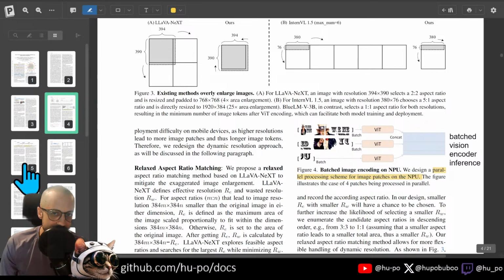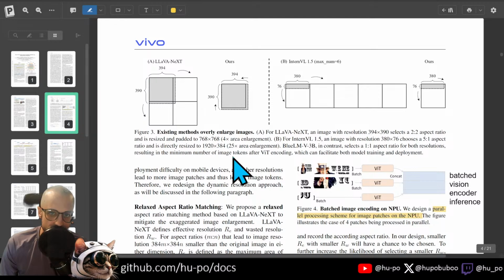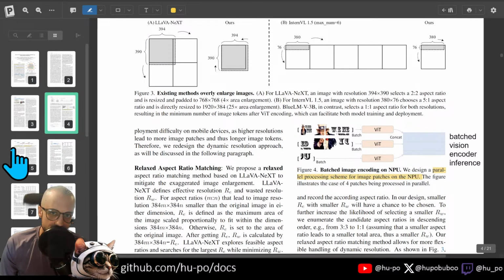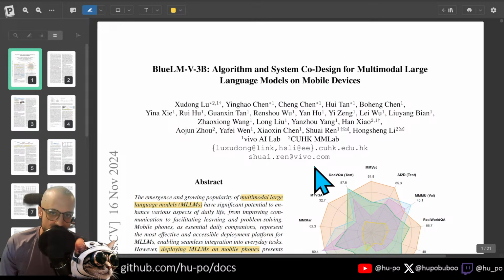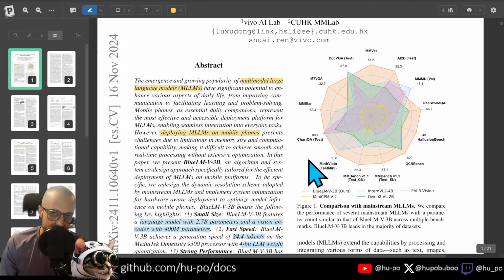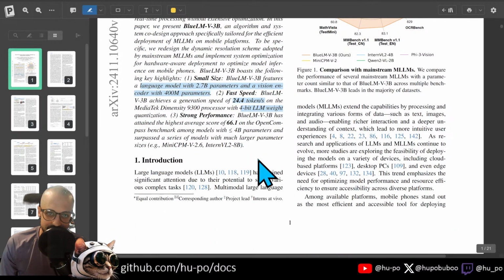So there's all these little tricks that people are using in order to use vision language models on a mobile device at a reasonable speed, right? So 24 tokens per second, which seems quite fast, right? That seems like it should be more than enough to interact with a VLM in real time.